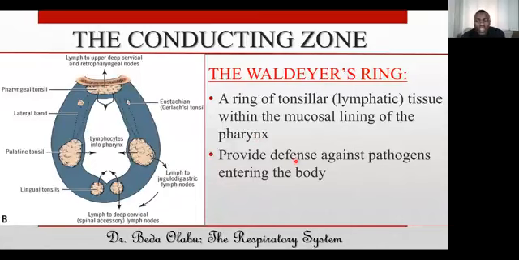So inflammation of the pharyngeal tonsil causes upper airway obstruction. In someone with upper airway obstruction, they will not be able to breathe through their nose. So such a person usually breathes through the mouth. It's a common cause of mouth breathing, especially in children.